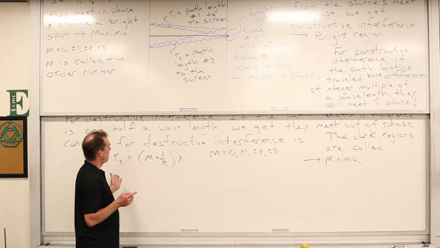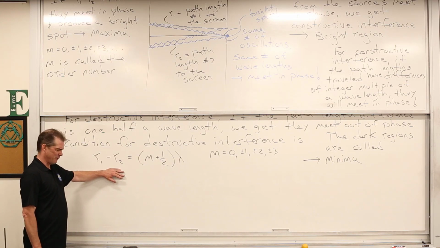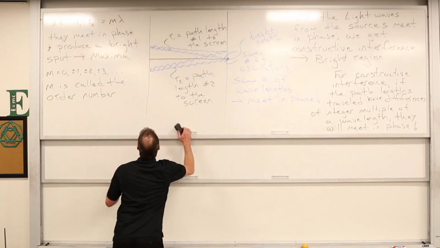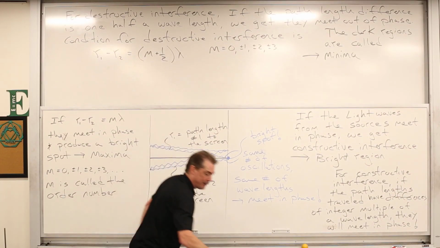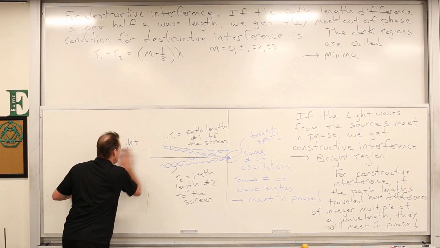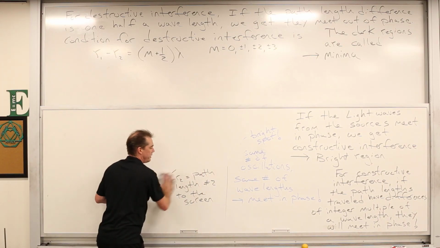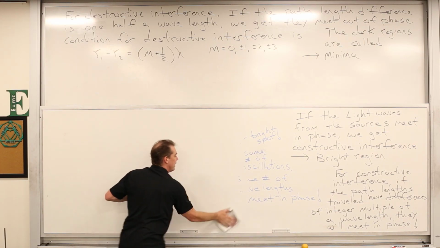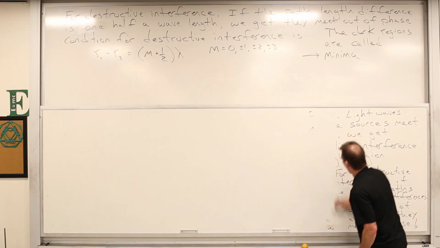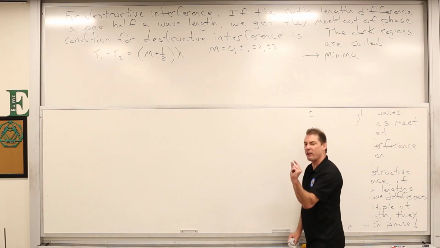All right, so what we want to be able to figure out is how can we represent this path length difference? So that takes a little bit more doing. Let's go ahead and try to do that. I'm going to use a little bit of an approximation here in terms of how these paths are relative to one another. Now these slits are separated by a very, very small distance.